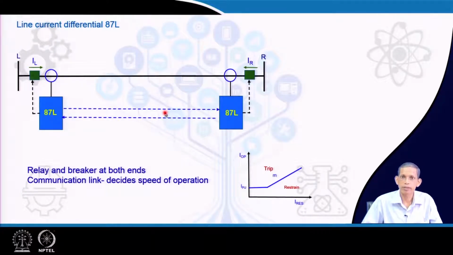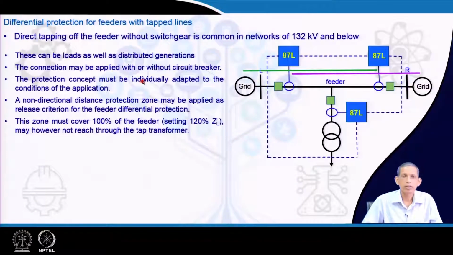In the case of the differential relay for transformer protection, it is localized, and therefore it can be pretty high speed, whereas the speed of operation of the differential relay here is decided by the capability of the communication link.